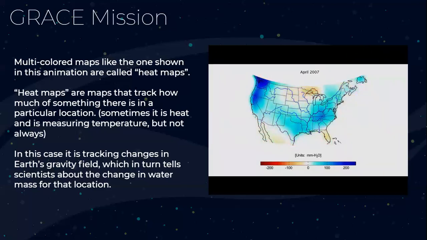It was September of 2006. June, July, August, September of 2007, it's dry again. Getting wet again there in April, and then drying out again in September. This will continue on until it reaches, I believe, 2012.